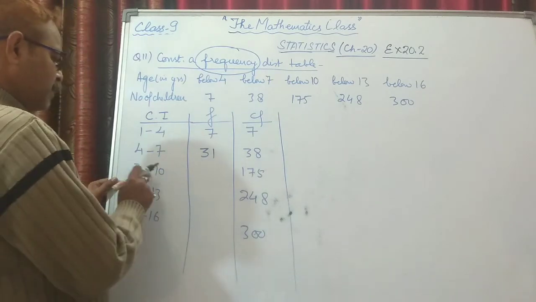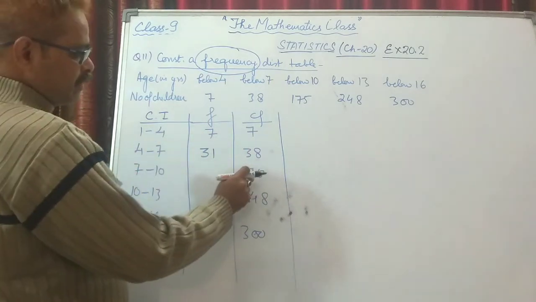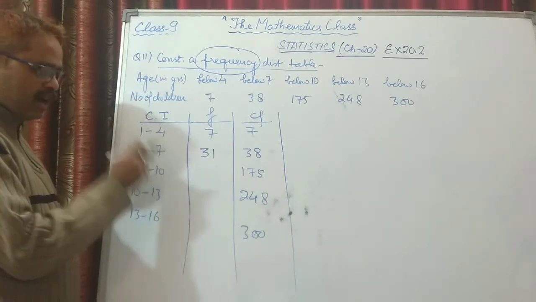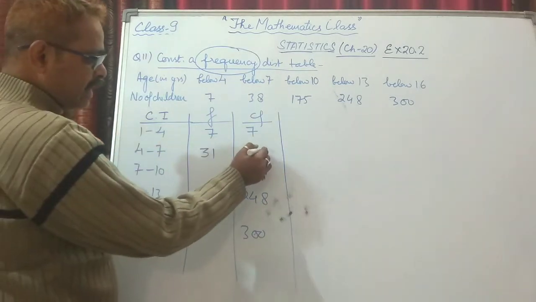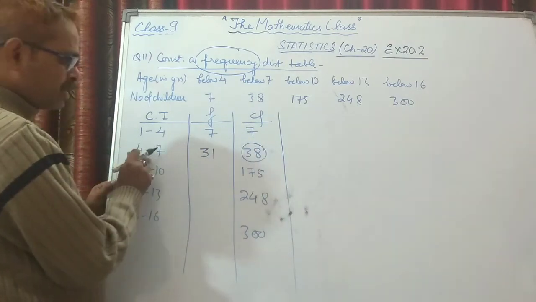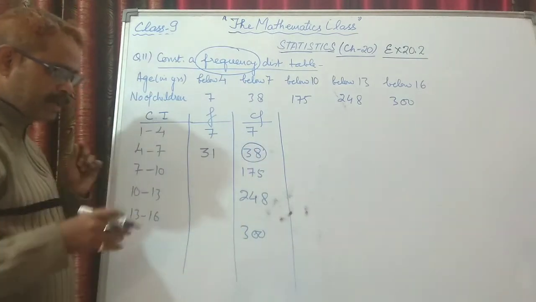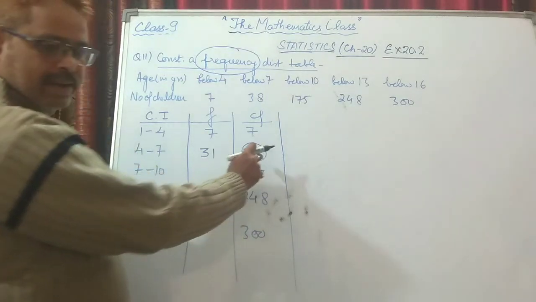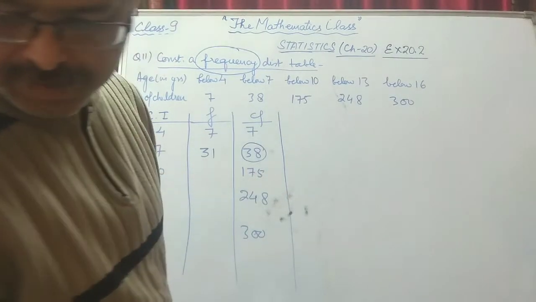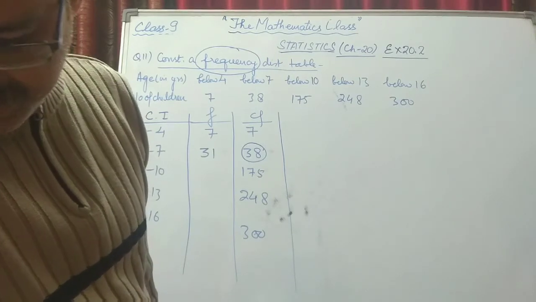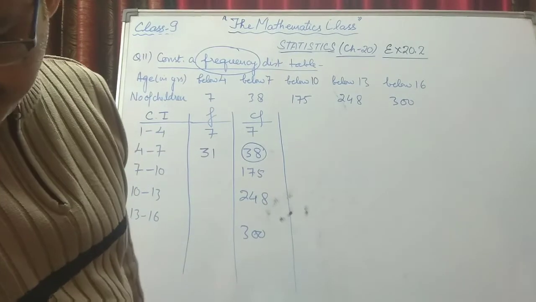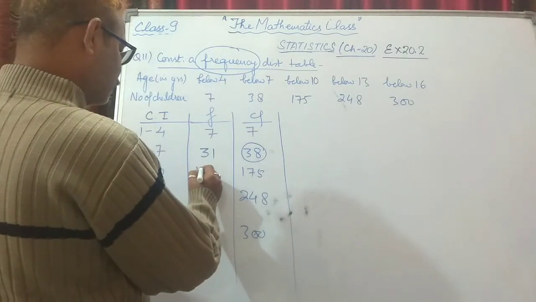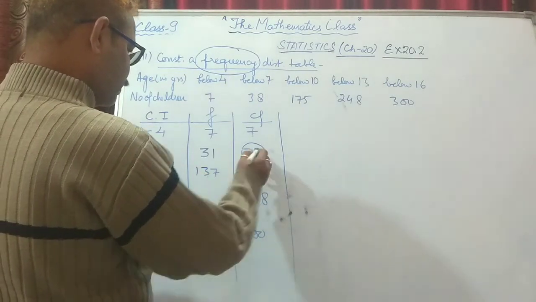Similarly, 175 children are below the age of 10, out of which 38 are below 7. So how many come into the bracket of 7 to 10? 175 minus 38 will be 137.